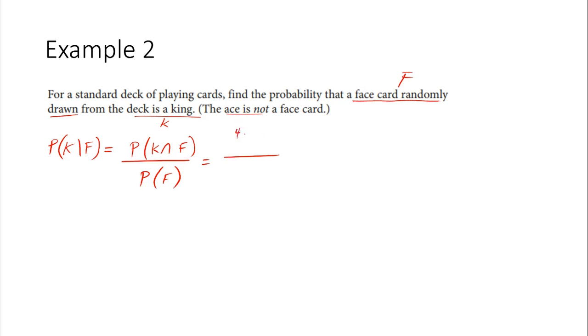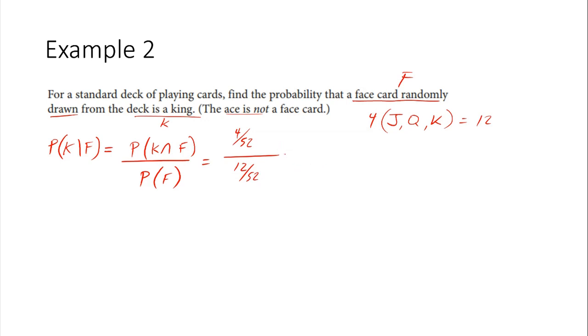There are 4 kings out of 52 cards. But of those kings, we're drawing from face cards. How many face cards are there? We have the jack, the queen, and the king, and there are 4 suits. What's 4 times 3? That's 12. So we have 12 face cards out of the entire deck of 52.